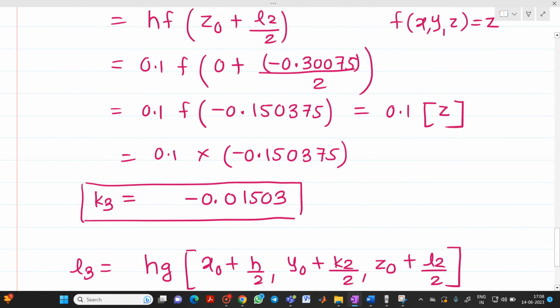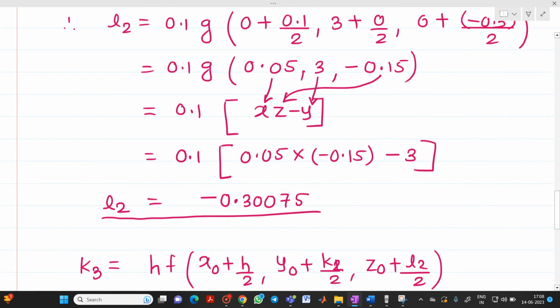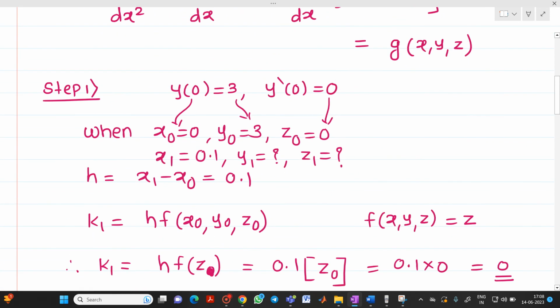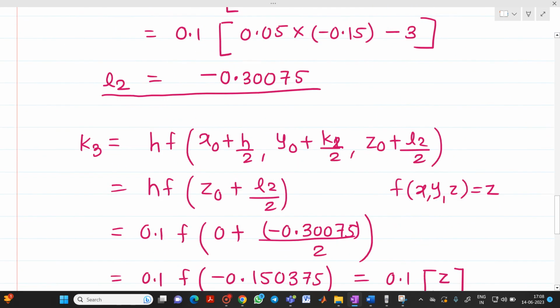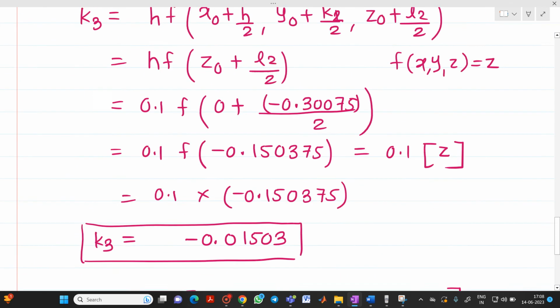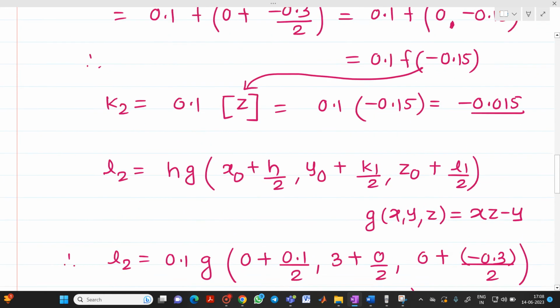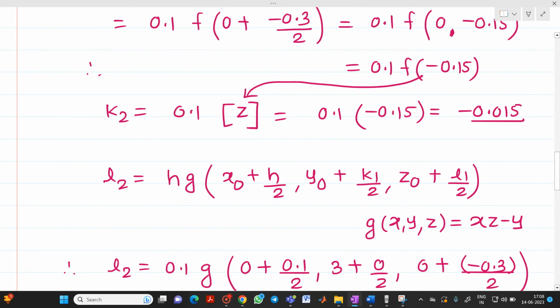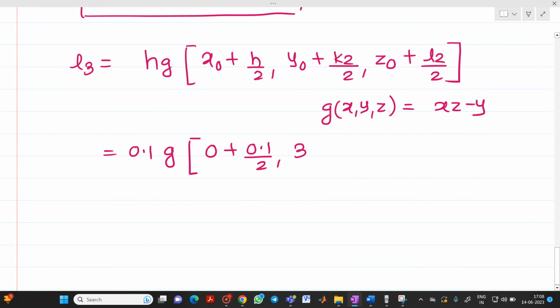What is the value of y0? Let me check here the value of y0, otherwise it may create some mistake. Y0 is 3. So here we have to write 3 plus k2 by 2. What is the value of k2? Here, the answer of k2 is minus 0.015. So let me write it as minus 0.015 divided by 2.